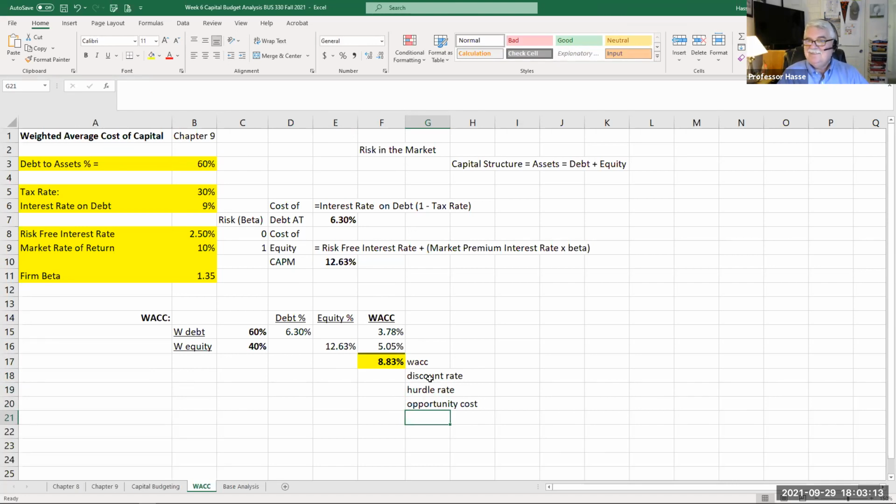What it costs us to get our money in the debt markets and in the credit market, in the equity markets. And it's all driven by capital structure, the risk of our credit rating to get loans, the risk in the market for our beta, and our tax rate. Combine all these into these numbers, you get 8.83% cost of money.